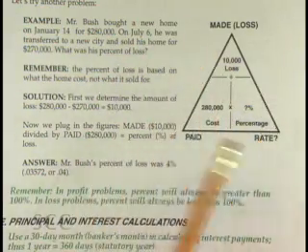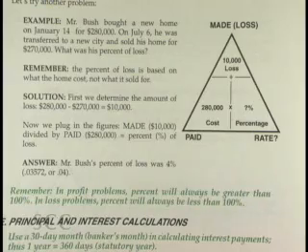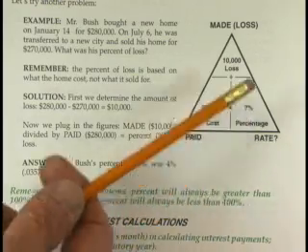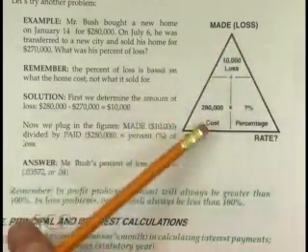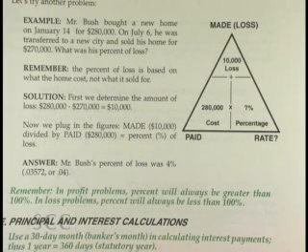If I want to check my answer, I take the 3 and the 7 and add it back up, and it should come up to be the 10. So once you know the answer, you can work the formula backwards to check your work. You could actually take the 4% times this, or divide this by this, in order to find out that answer. You can double check your work that way.